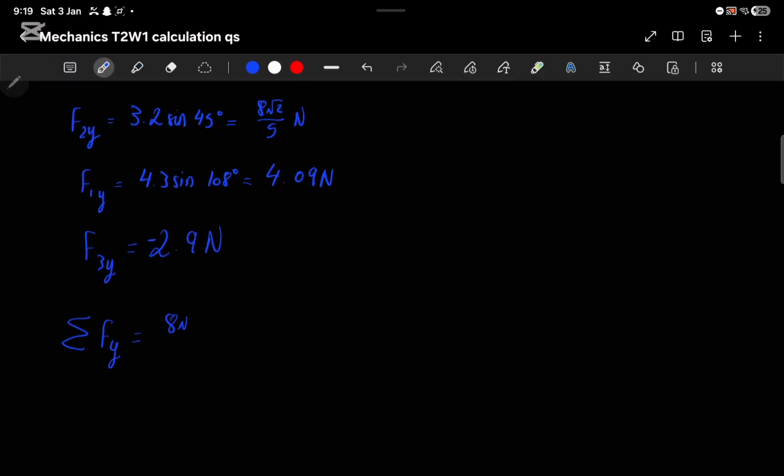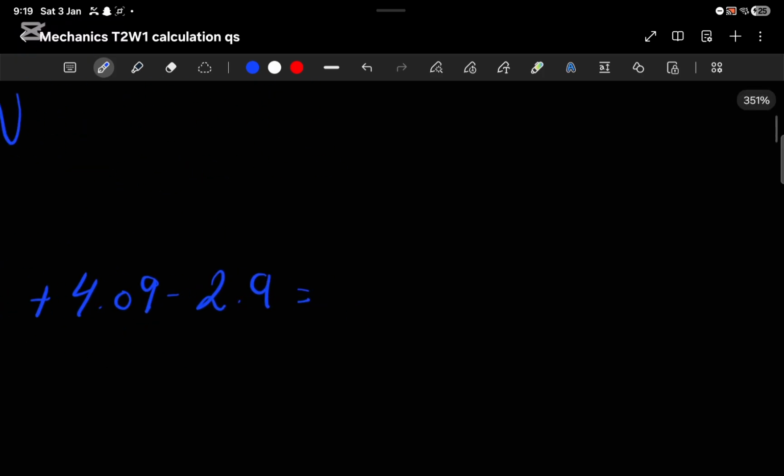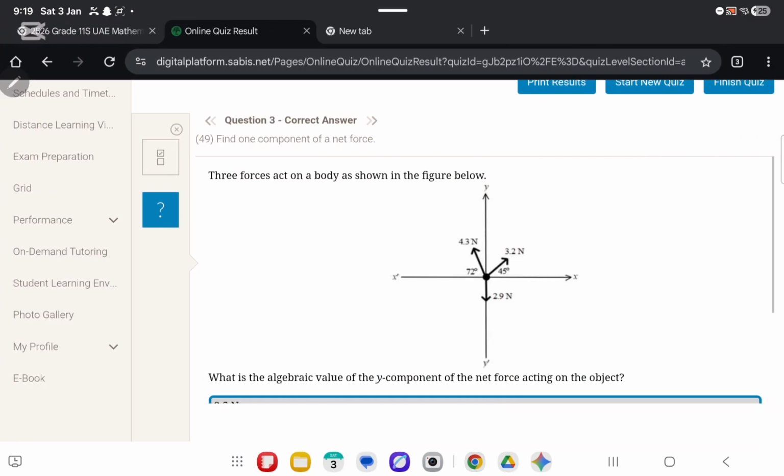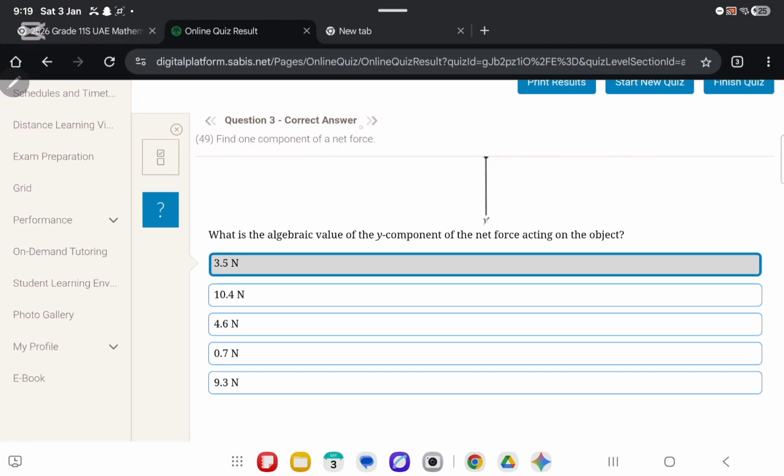So 8 radical 2 over 5 plus 4.09 minus 2.9 gives me 3.45 newtons, which we can round to 3.5 newtons. Okay, let's check if this is the answer. 3.5 newtons, perfect. Moving on, question 4.